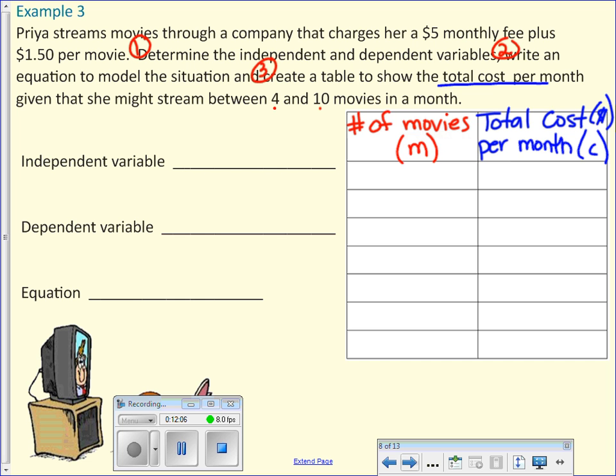And we'll label that C for cost. Okay, I have my unit dollars, I have my variable C. Now to fill in my table, they want to know 4 to 10 movies a month. So I'm not starting my table at 1. I'm starting my table at 4.